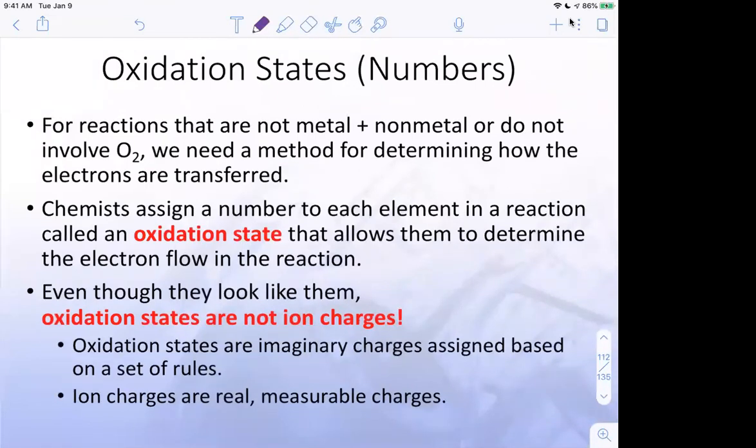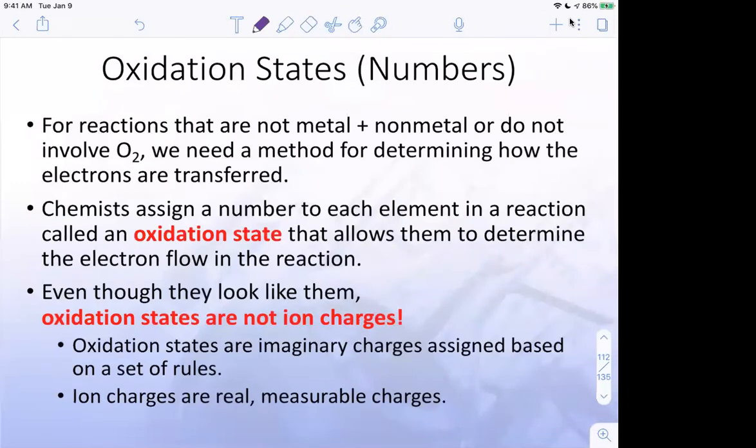This is sometimes very simple, when I look at metals and nonmetals that do or don't involve O2. I need a method to determine how the electrons are transferred. Again, sometimes it's very clear cut. I have free elements going to ions.